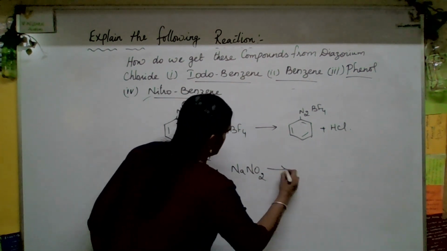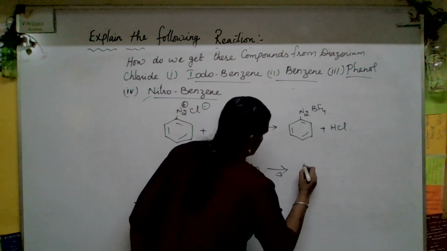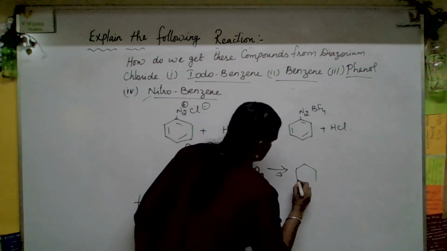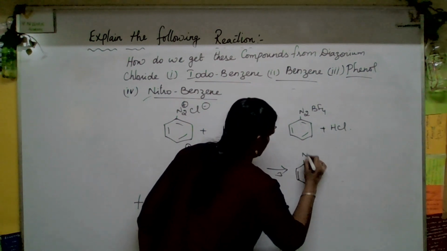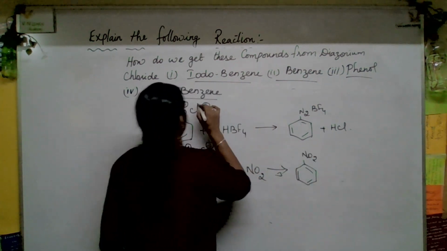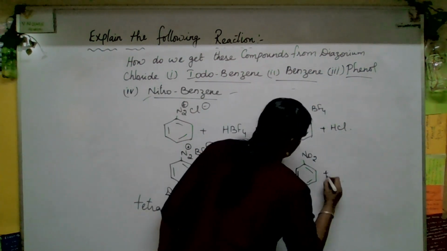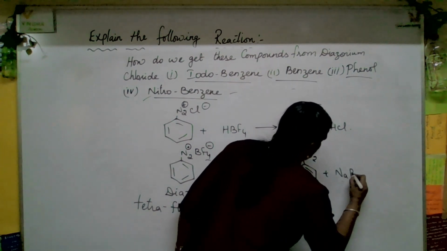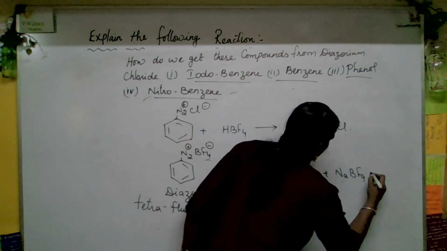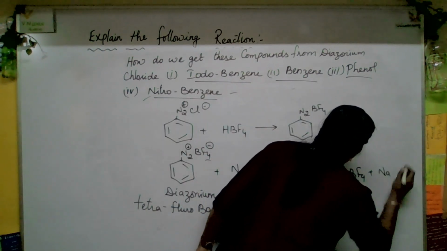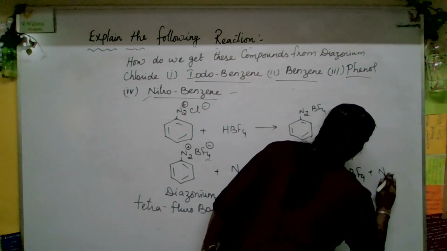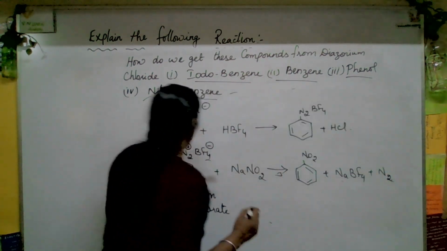This combines with NaNO2, sodium nitrite. If you heat, you will get nitrobenzene, the major product, with NO2. This is nitrobenzene, and NaBF4, and what remains, the main diazo group removal, N2. N2, we got it.